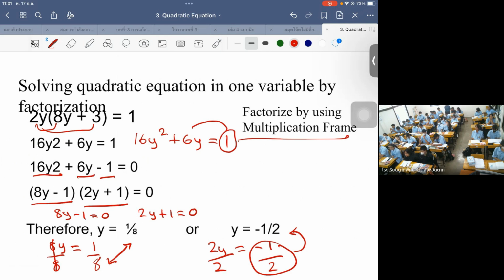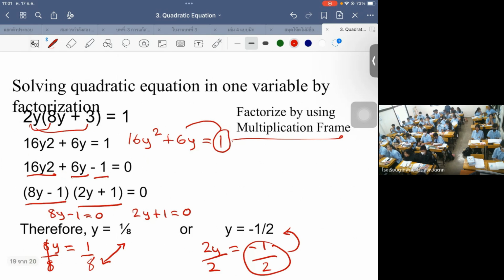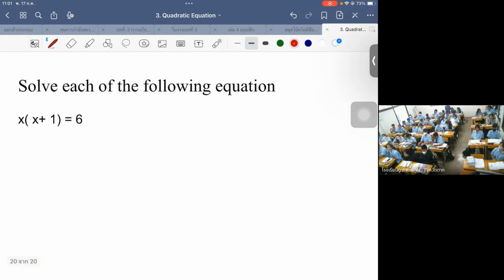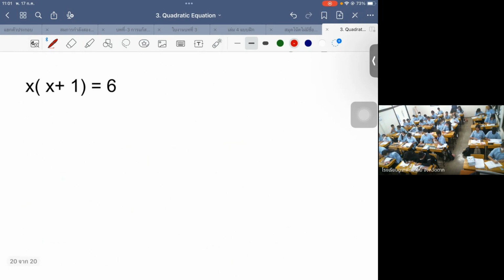Get it? Alright. So, now, try this one. Only one. Just one. Solve this equation. Just one equation.